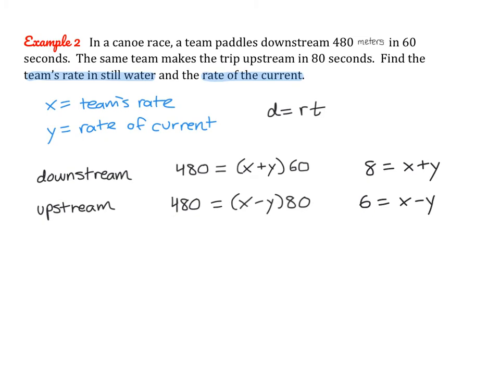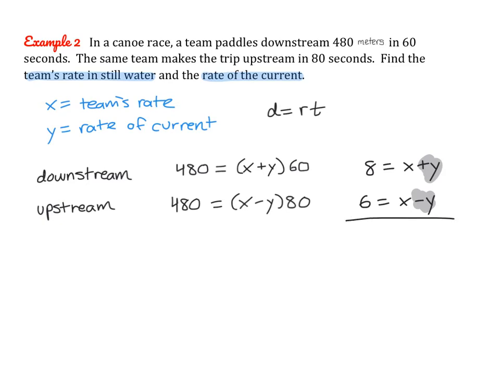And here's a little review on solving systems of equations. We can use the elimination method here. So if we add vertically, we have this really nice scenario, which is ideal for us, where we have the same variable with opposite coefficients, so positive y and negative y, so they will eliminate.